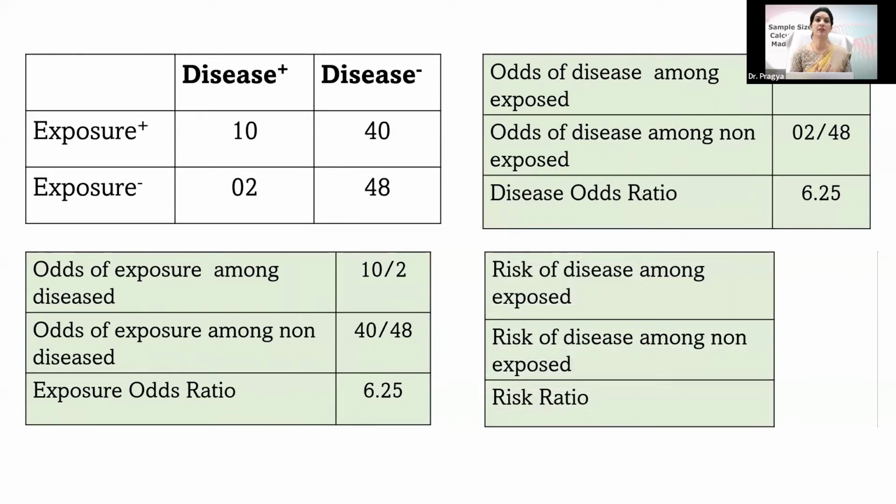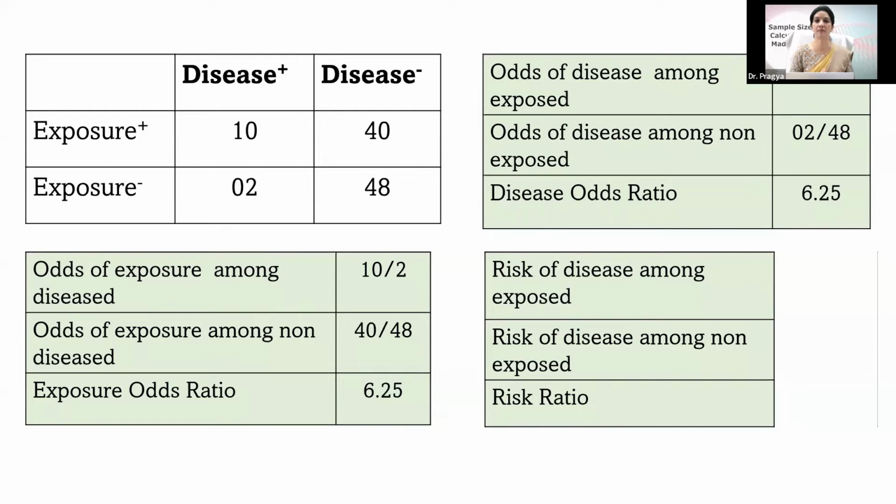Now we are going to understand the difference between the concept of odds and the concept of risk. Please calculate the risk of disease among exposed. Yes, Vijna is writing, Shruti, Gaurav, Kumar.